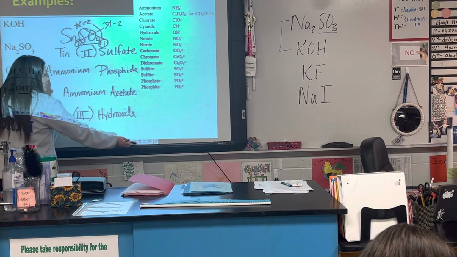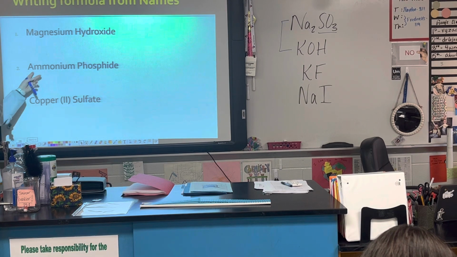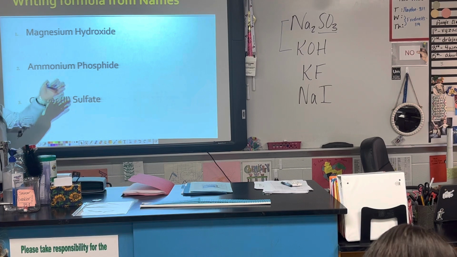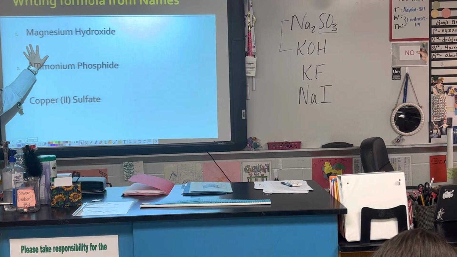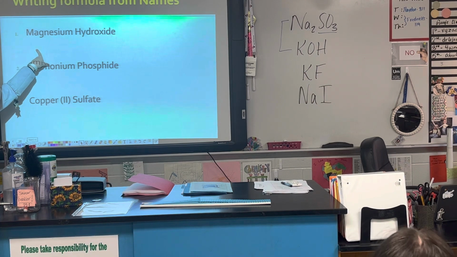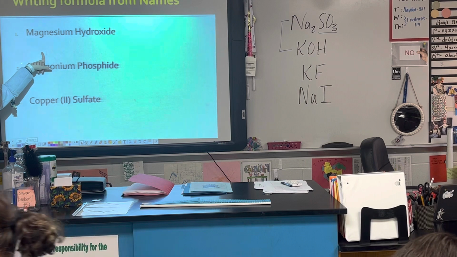Alright, so now let's flip it and do the reverse. And we're only going to do the first one because I know you guys got this. We've been doing this forever. Looking up the charges and crossing it. And you know to put parentheses around your polyatomic ions. But when I quizzed you and gave you 4 of them, half the class still missed one like this. Because you forget to put parentheses around hydroxide. That's the most commonly missed polyatomic ion.